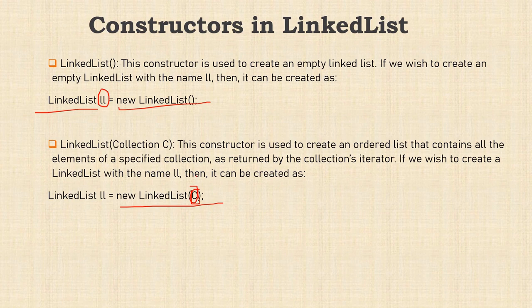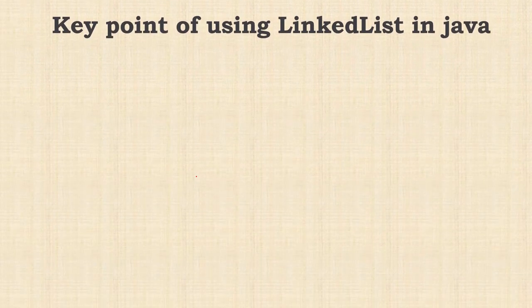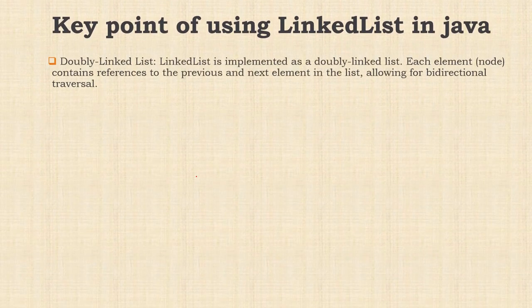Key points of using linked list in Java. Why do we use linked list in Java? Linked list is implemented as a doubly linked list. Each element, that means node, contains a reference to the previous and next element in the list.